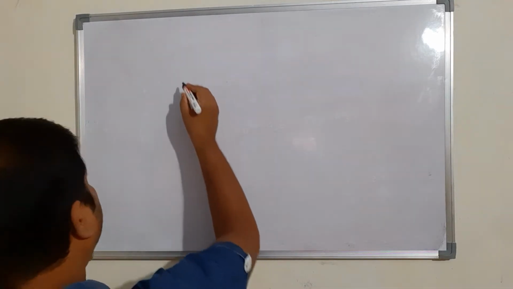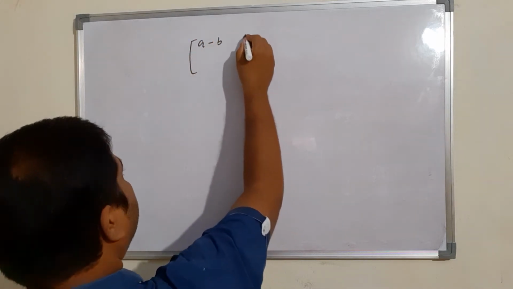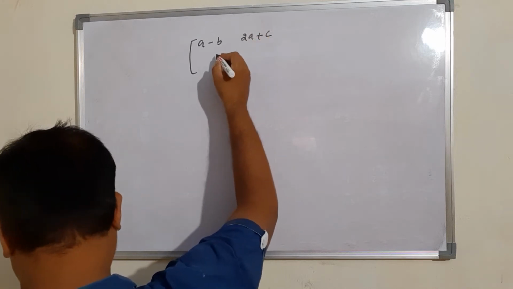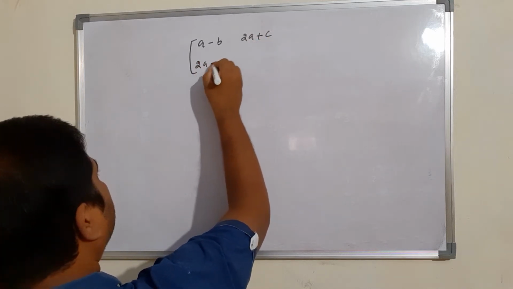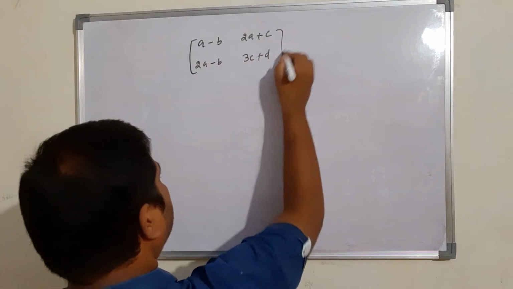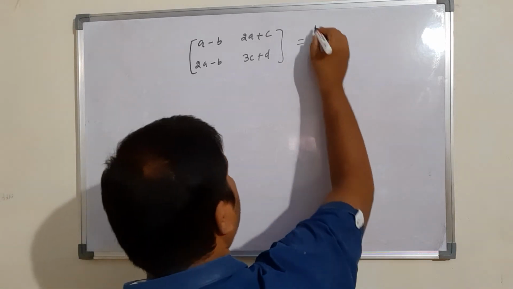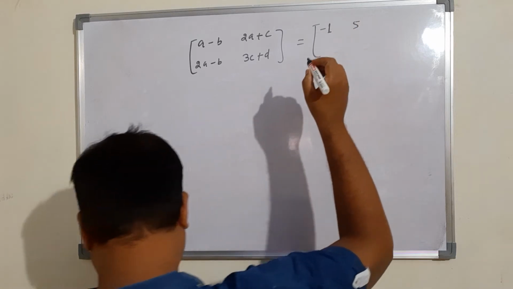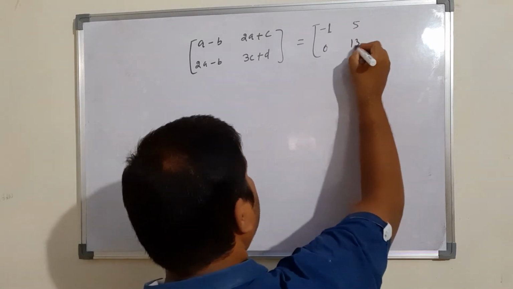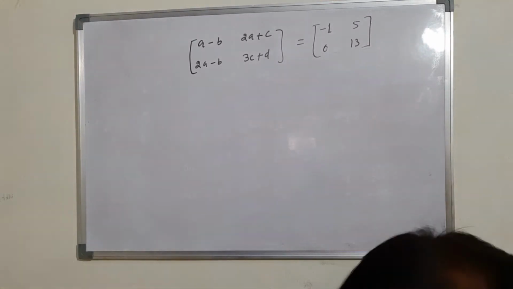The given matrix is [2A minus B, A minus B; 2A plus C, 3C plus D], and the matrix on the right is [minus 1, 0; 5, 13]. So we have to find the values of A, B, C, D.